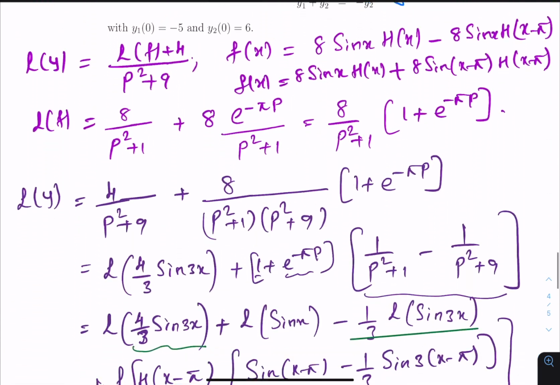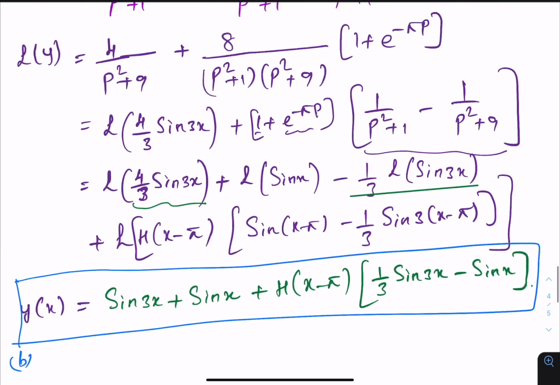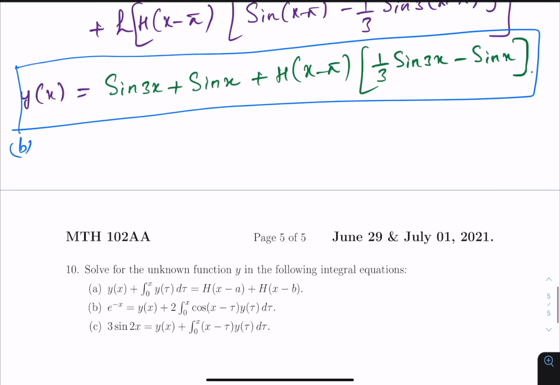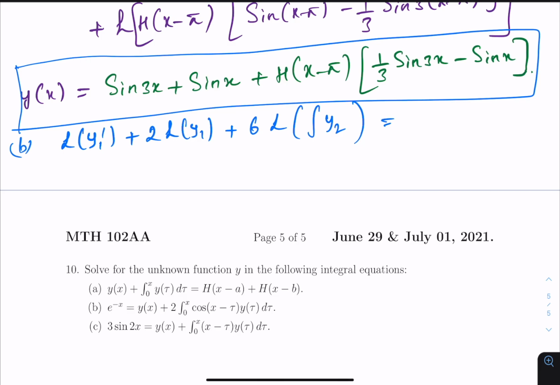So if you apply Laplace transform throughout, there are two equations. You apply Laplace transform here, so you have the derivative: Laplace transform of y1 prime plus 2 times Laplace transform of y1 plus 6 times Laplace transform of the integral of y2, and then 2 times Laplace transform of the Heaviside function.